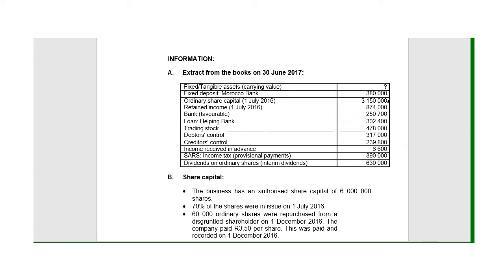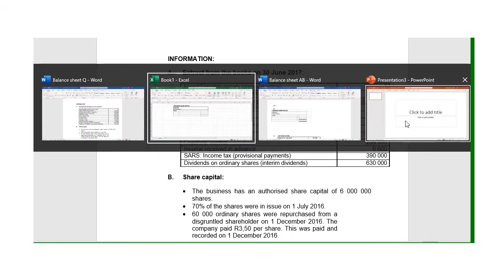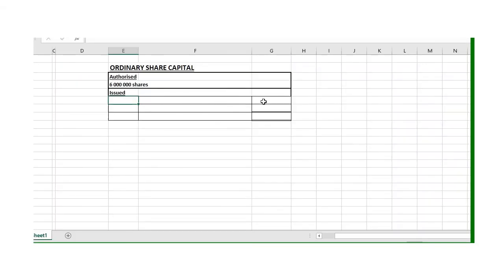They just tell me the value of shares in issue at the beginning was 3,150,000. So I can put that in, 3,150,000, and that was the value of shares in issue at the beginning of the year.